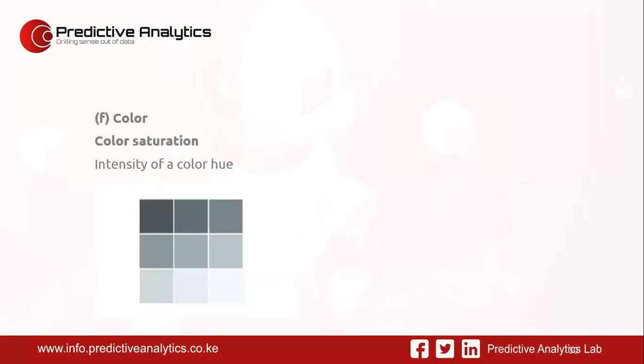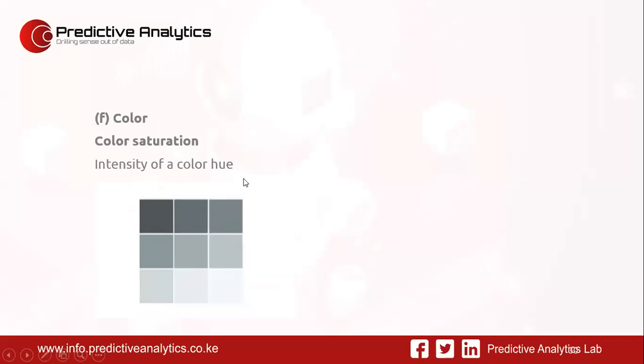So the other one, you can encode by color, which we had briefly looked at and we'll look at in more detail when we come to what we call the color wheel. So we can encode by color. We can encode by color saturation, that is the intensity of a color or a hue, best illustrated in this diagram here.